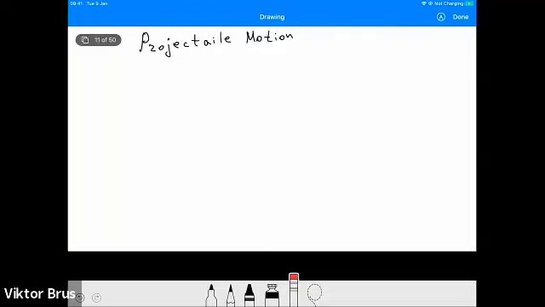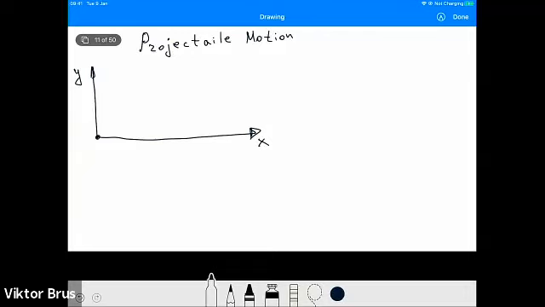Okay, so let's consider one of the very important cases of two-dimensional motion: projectile motion. Let's assume we have a system of coordinates x and y.